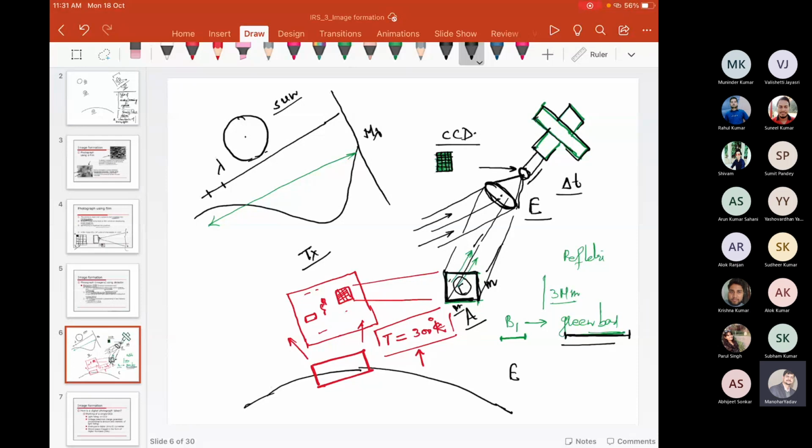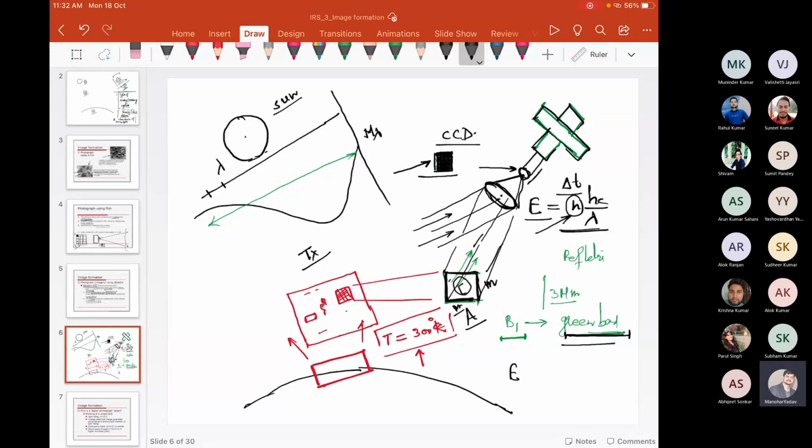When light falls over the surface, the total energy E, if we say N is C by lambda, where N is the total photons falling, so this is the light that falls on the surface, and that light contains N photons.